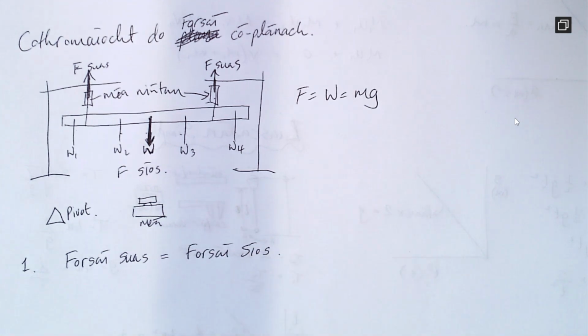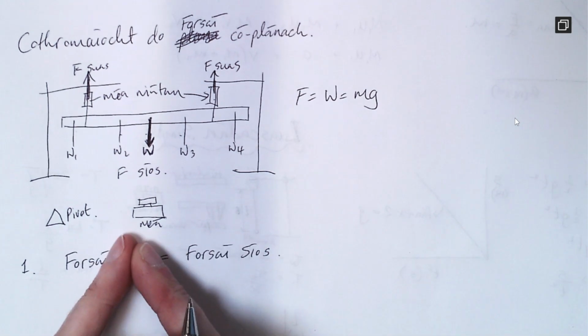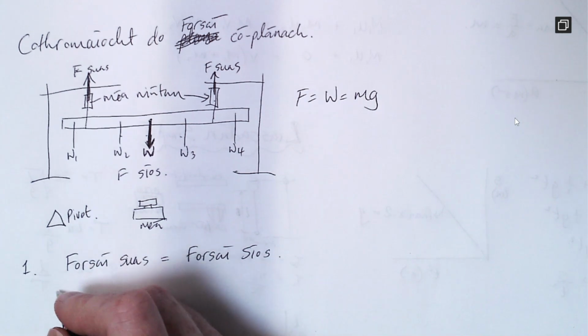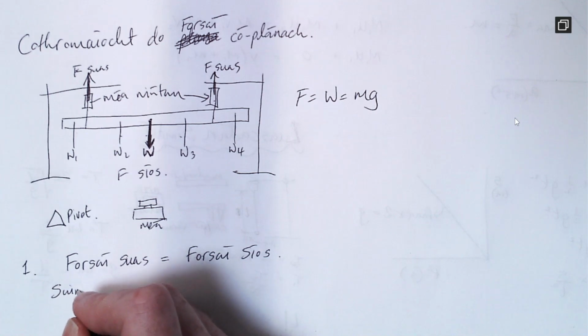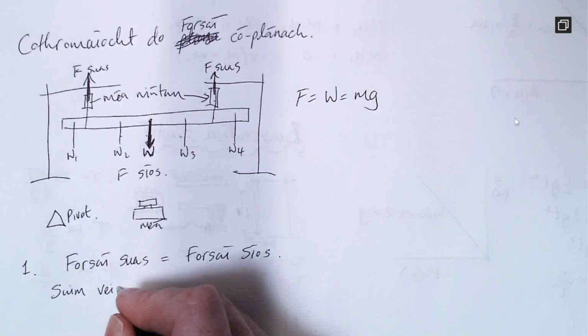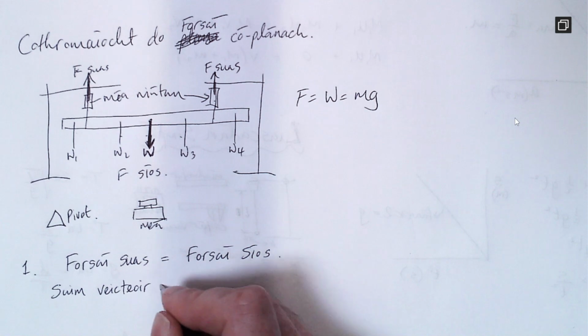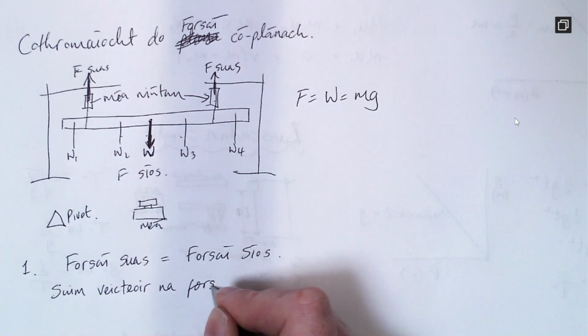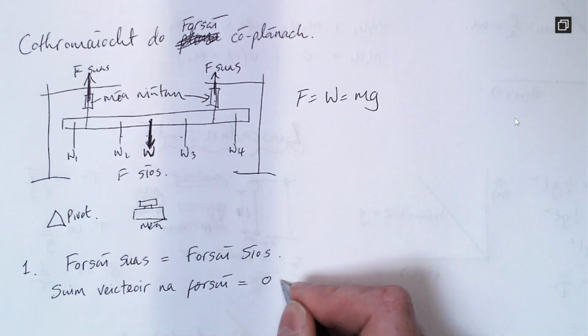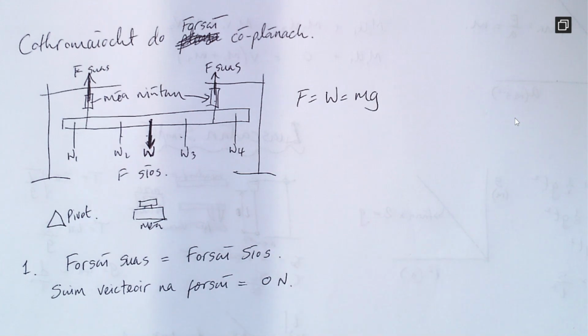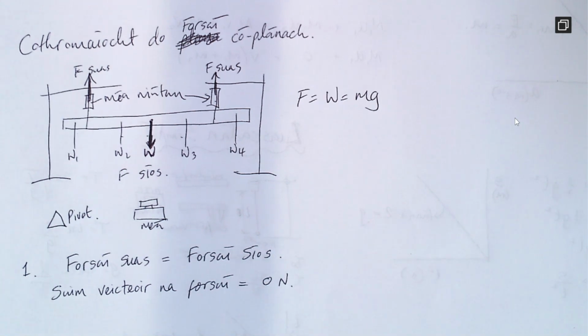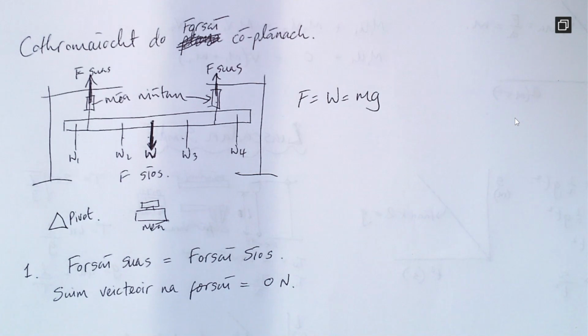So the net force of the 40 sheets is equal to zero. The sum of the vectors is zero newtons. So you should know that the sum of the vector forces is equal to 0.